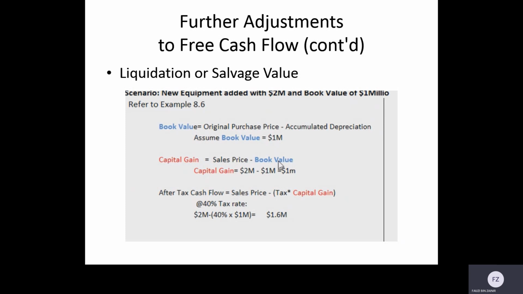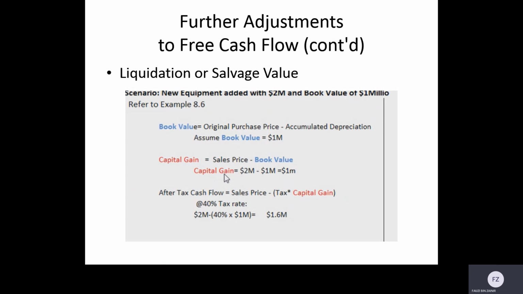The capital gain is how much the selling price is over and above its book value. So the capital gain is calculated as the selling price if they were to sell right now, minus the book value, which is 2 million minus 1 million, which is 1 million. So you have a capital gain.